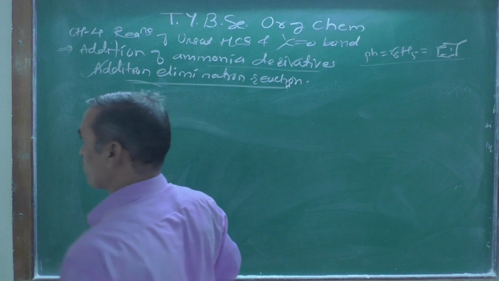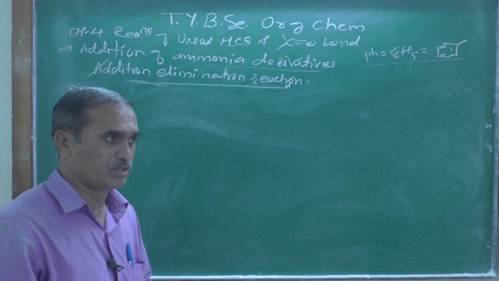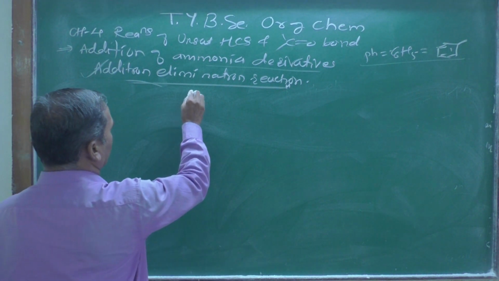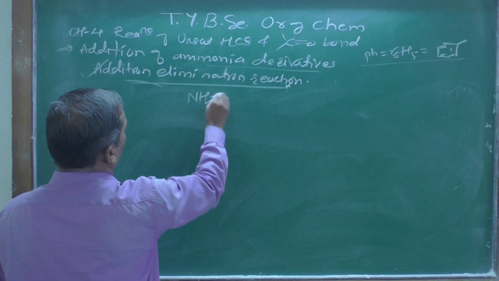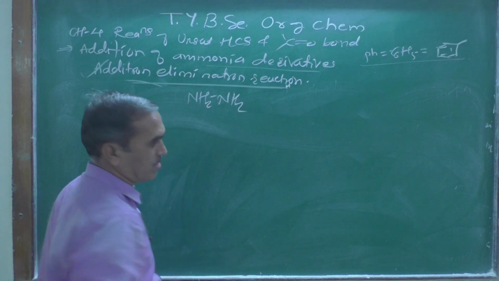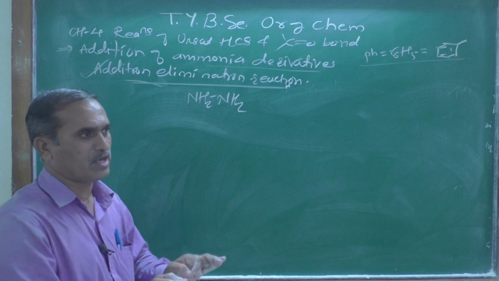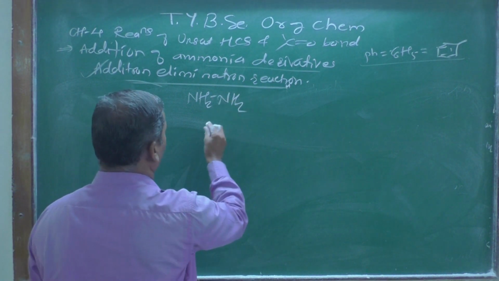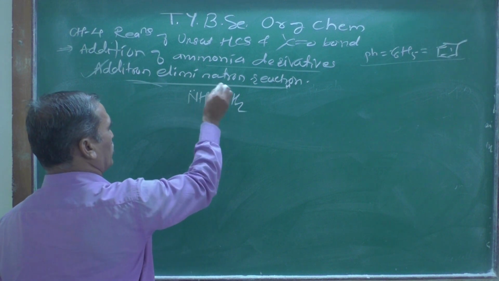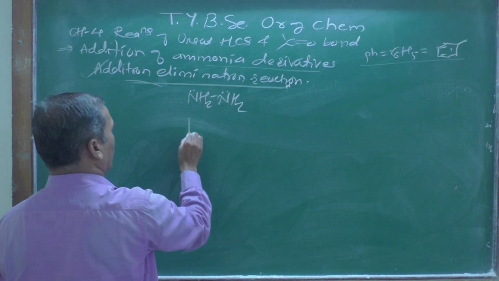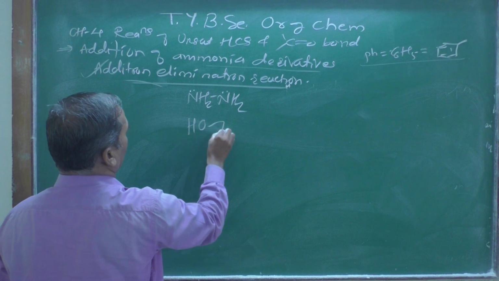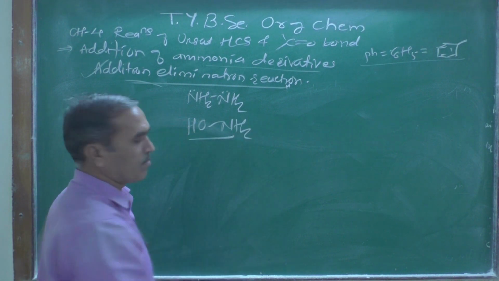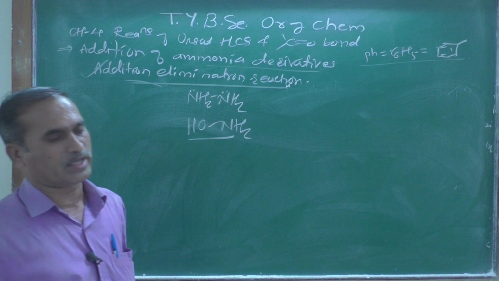Listen to the reason here. What is happening here? If you use hydrazine, NH2NH2, while carrying out the reaction with aldehyde and ketone, it does not require an acidic medium because they are already nucleophilic in nature. Similarly, hydroxylamine, HONH2, is also highly nucleophilic in nature.